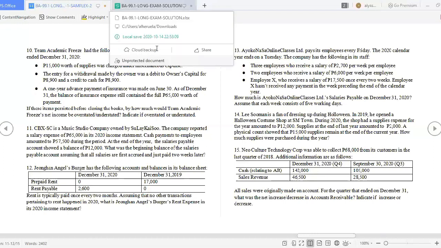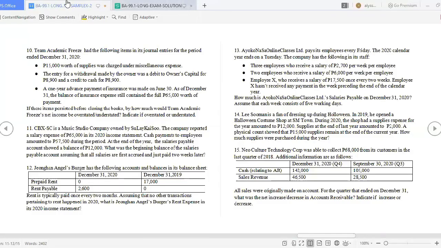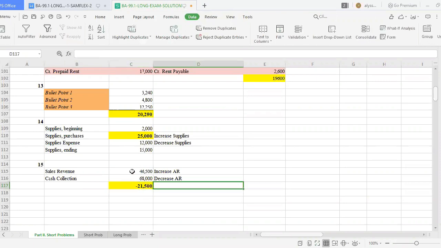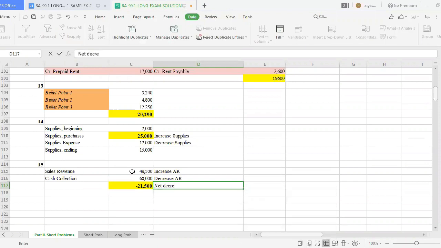So sales revenue for the fourth quarter is 46,500. The cash collection is 68,000. So the net of these, sales revenue less collections, is a net decrease of 21,500.